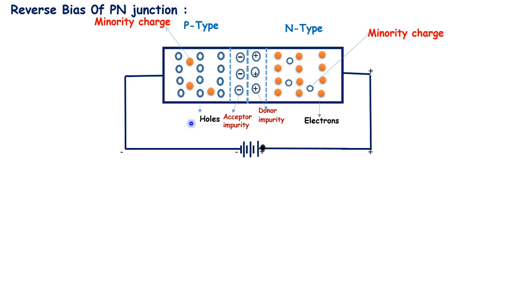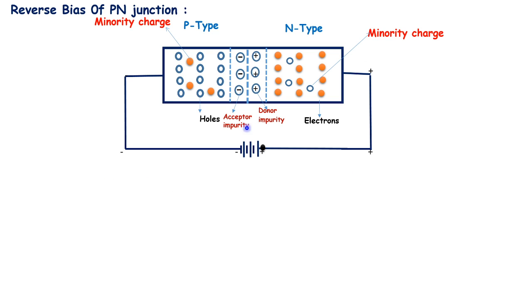In reverse bias, we are showing here that holes are majority charge carriers in P-type and electrons are minority charge carriers in P-type semiconductor. Similarly, in N-type semiconductor, electrons are the majority charge carriers and holes are minority charge carriers.